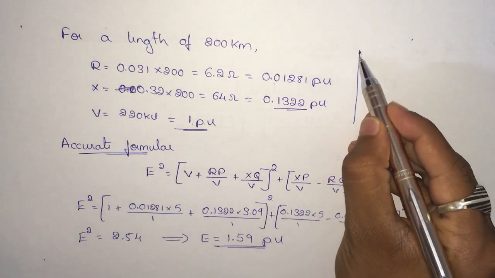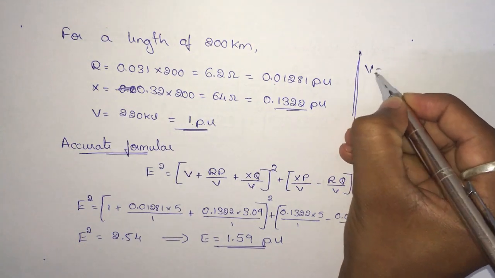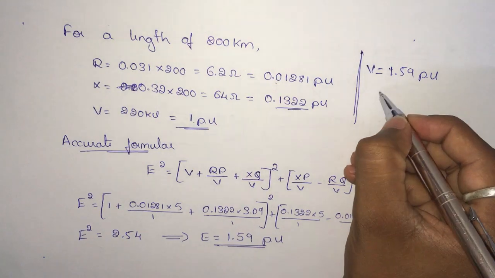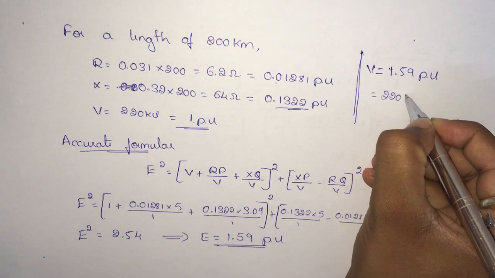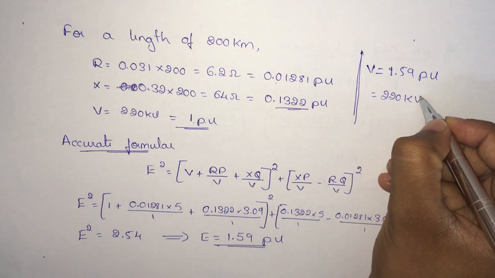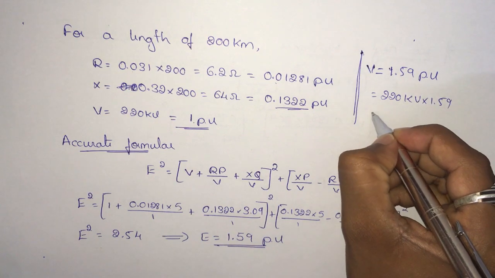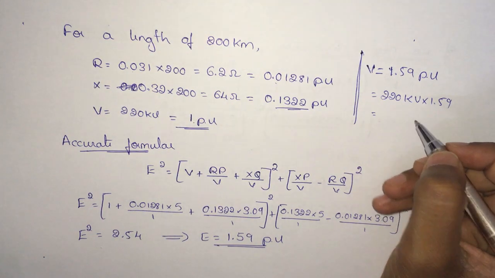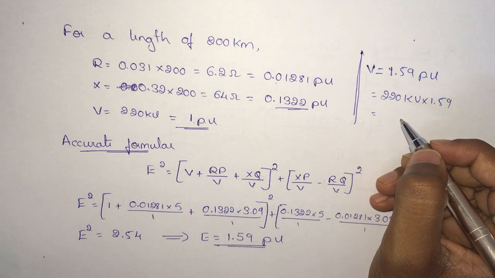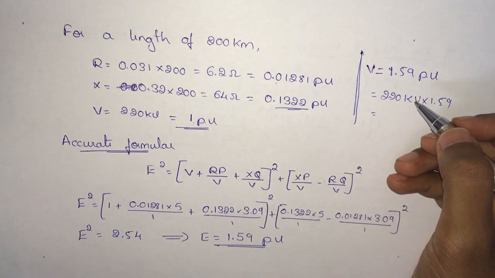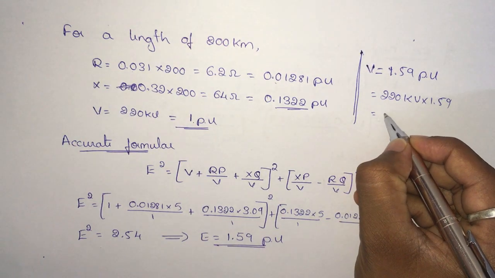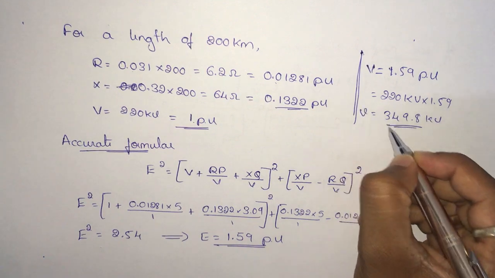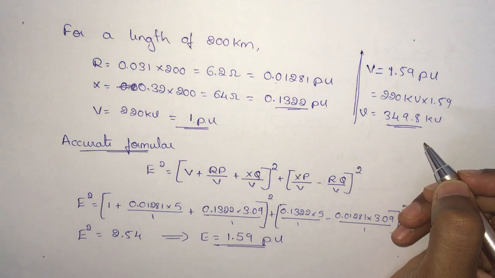If you move further to find the actual sending end voltage, V is equal to 1.59 per unit, which means 220 kV into 1.59 leads to, let me calculate it, 220 into 1.59 is 349.8 kV, which will be our sending end voltage, which means we need to send more voltage.